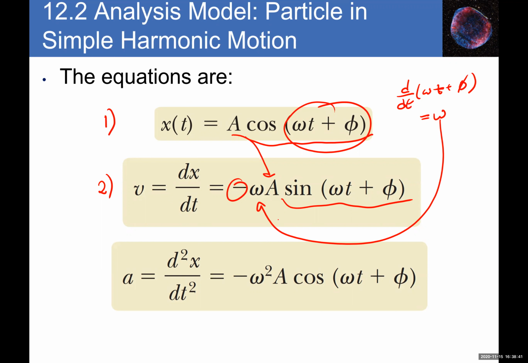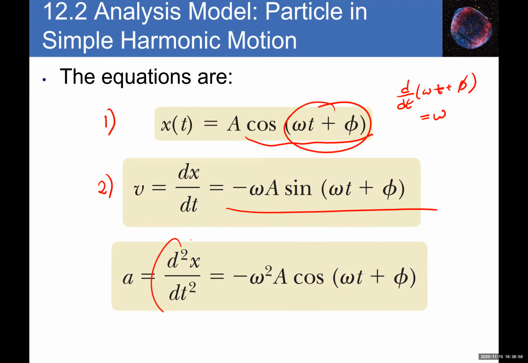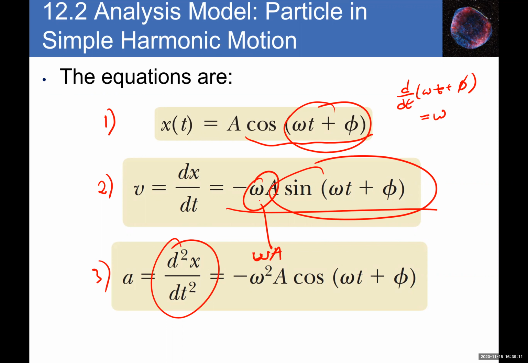That means you first take the derivative of a cosine omega t plus phi, which gives you a negative a sine omega t plus phi, then take the derivative of the argument as well, and that omega comes from there. Then you take this velocity equation and take the derivative a second time to get equation 3, which is for the acceleration. That means you have the constant, negative omega times a, then take the derivative of the sine omega t plus phi, which gives you cosine omega t plus phi, and then take the derivative of the argument, which is again just omega.